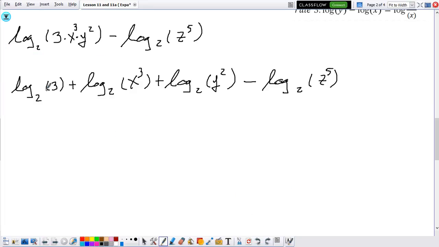Again, once you have your final answer as this, your final step should always be putting exponents in front of the log. So let's look here. The first term does not have an exponent, so you just rewrite it. So now that just becomes log base 2 of 3 plus, notice that the second does have an exponent, so we should bring it to the front. So now this becomes 3 log base 2 of x.